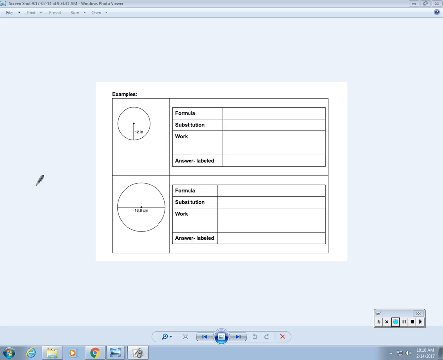How many decimals? We have 2 decimals with 1, 2, 3. So we're going to go 1, 2, 3. So we get 52.752.